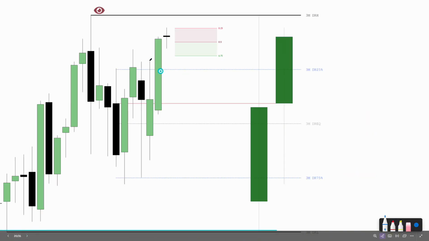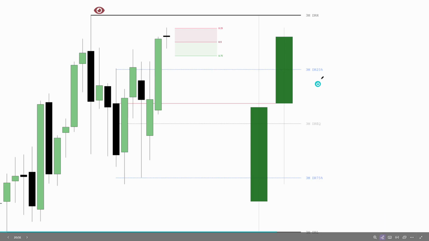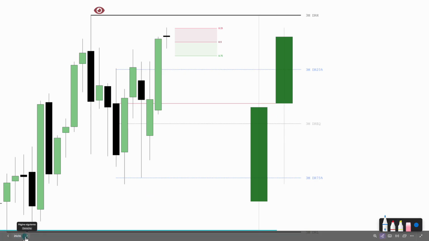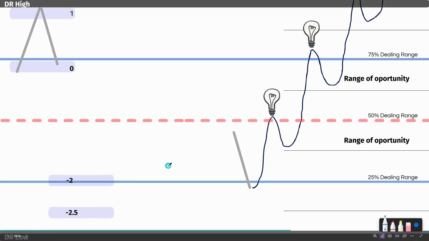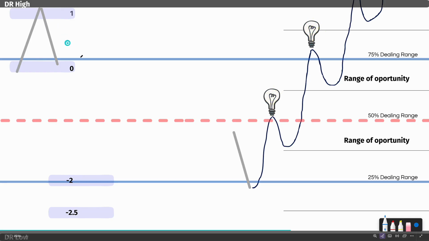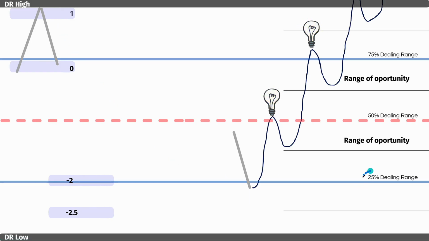Okay, and right now, this week, price opened here above the 25, very close to the dealing range high. This is quarterly power of 3. So when you have the dealing range, you have the high and low, and when price is in deep discount, 25, every close above the quarters or equilibrium is helpful to identify the next price moves.